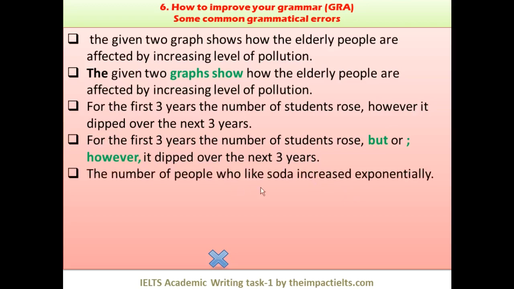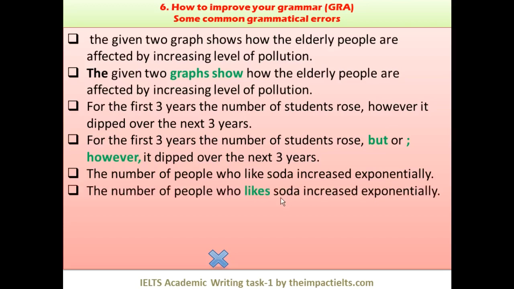The number of people who like soda increased exponentially. Let's see what's the mistake here. Likes. We have here people, but the verb should be likes, right? Why? Because the subject is the number, and the number is a singular subject.